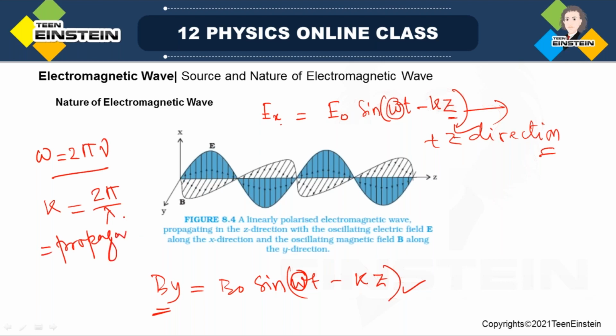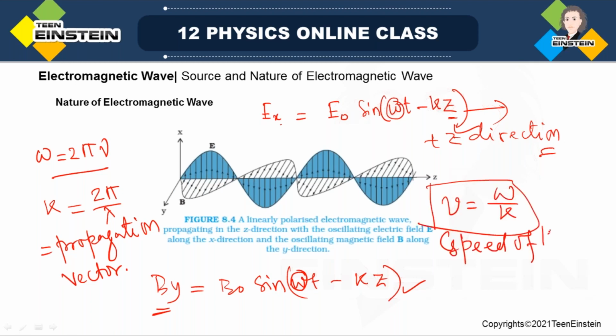It is called the propagation vector. And you will get the wave speed by doing omega by k. This is the speed of the EM wave.